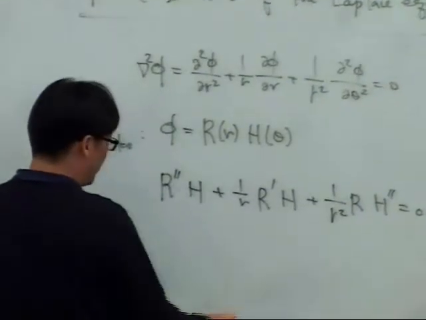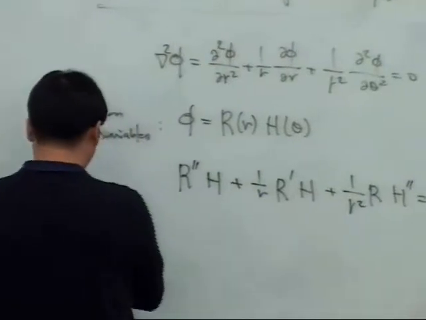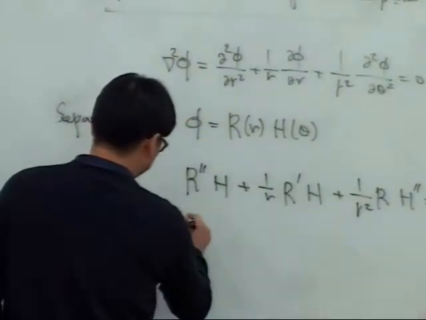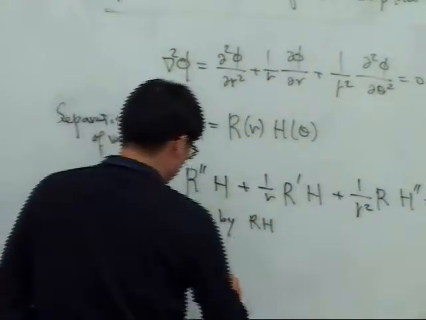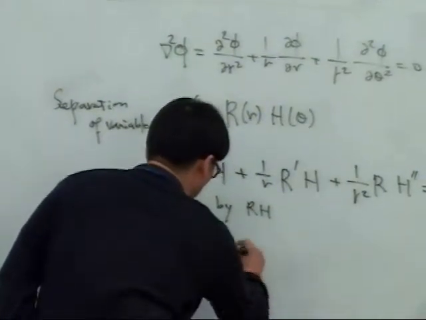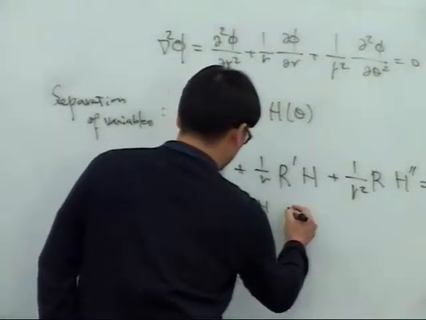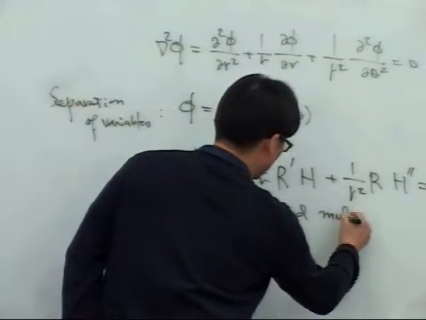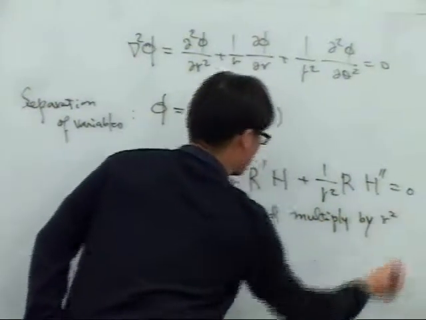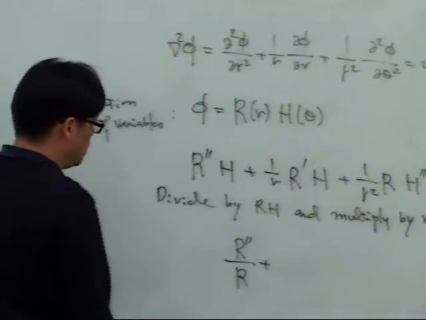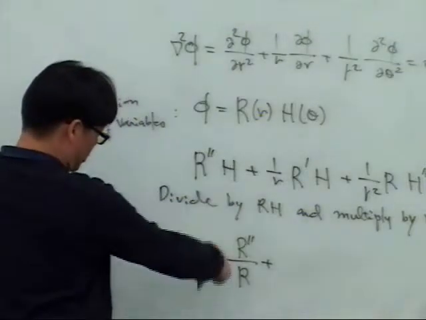At this time we divide the equation by R h, and multiply by R squared.